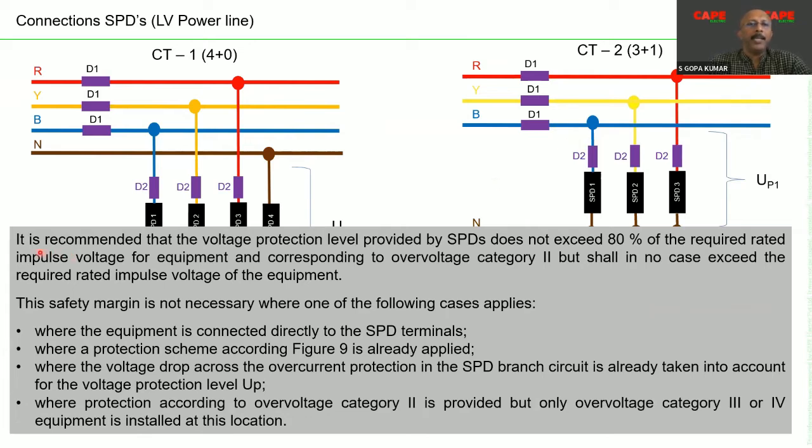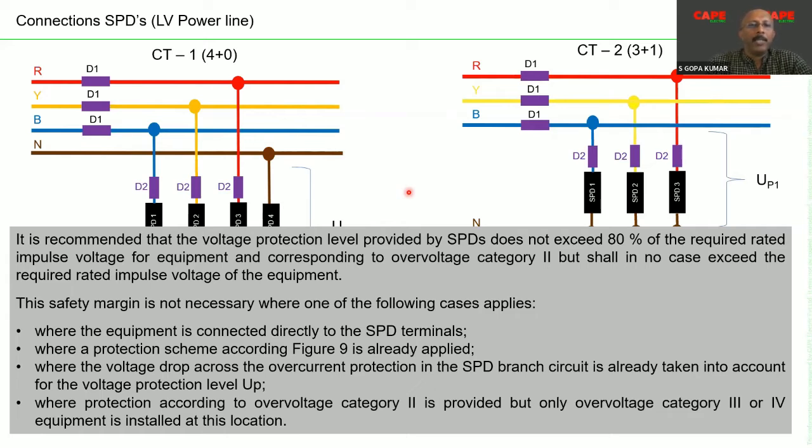The next condition: it is recommended that the voltage protection level provided by the SPD does not exceed 80% of the required rated impulse voltage. What does that mean? Very simple, I'll explain. You have a device with an impulse withstand voltage of, let us say, 4 kV. You have an MCB DB and the impulse withstand voltage is 4 kV.